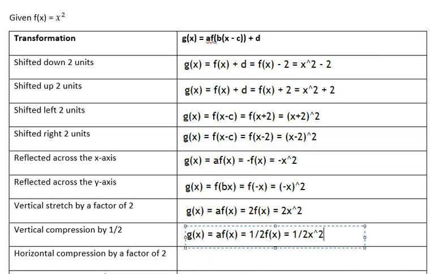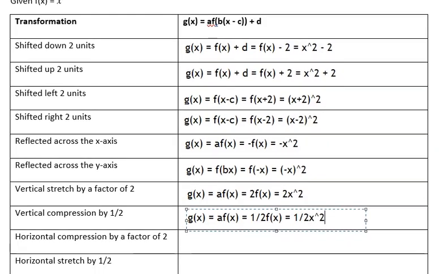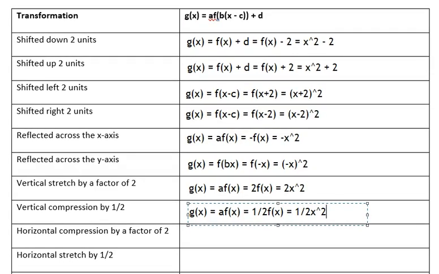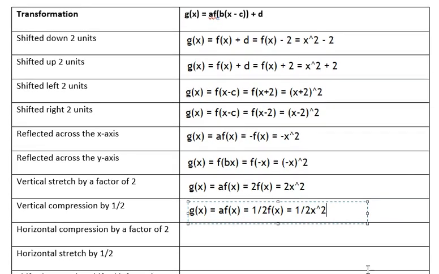A horizontal scaling, on the other hand, will be something multiplied by the inside, by the x value. So here, for this horizontal compression, we are interested in a horizontal scaling, so that's b in the general function.